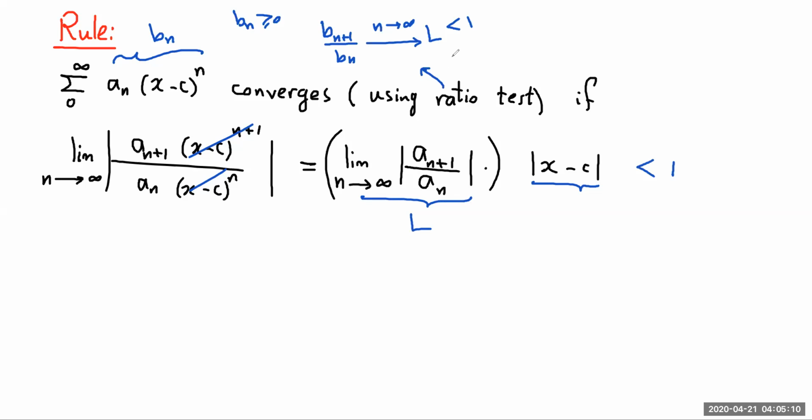If it's less than 1, it converges using the ratio test. So L times the absolute value of x - c is less than 1, so the absolute value of x - c is less than 1 over L. I will call this number R, the radius of convergence.